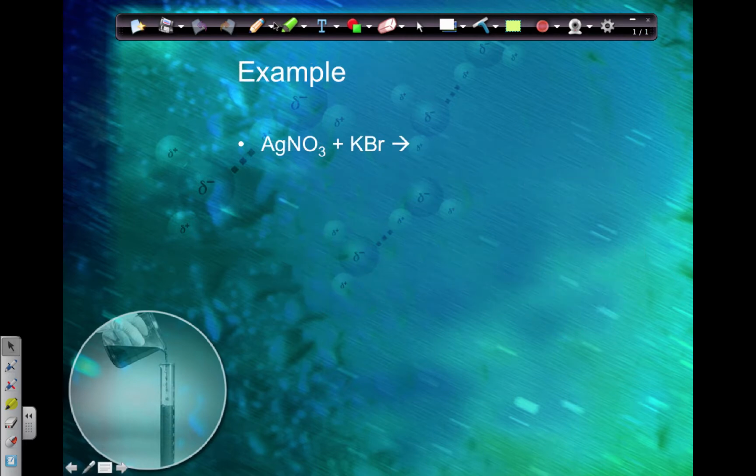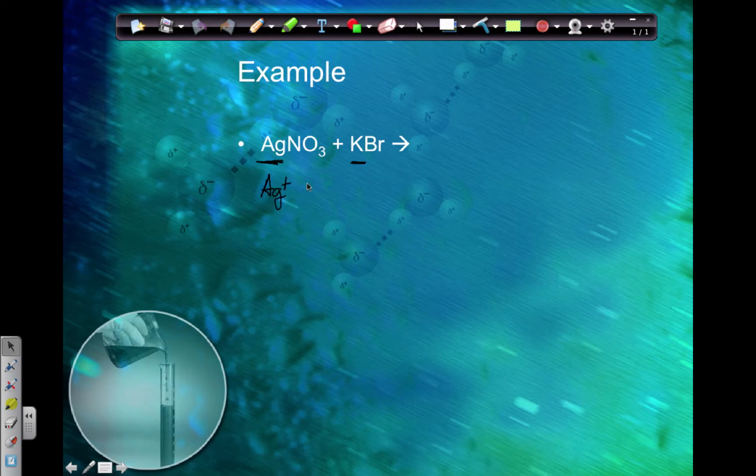All right, so let's look at this. What we're going to do with this is predict whether this reaction will actually happen or not. So we're going to predict the products and then check the solubility rules to determine if the reaction happens. So we identify the cation first, silver here, potassium here.